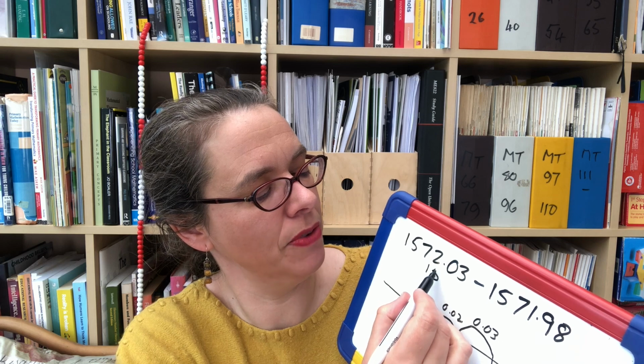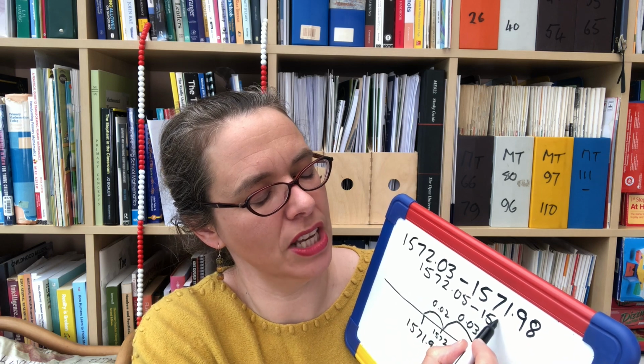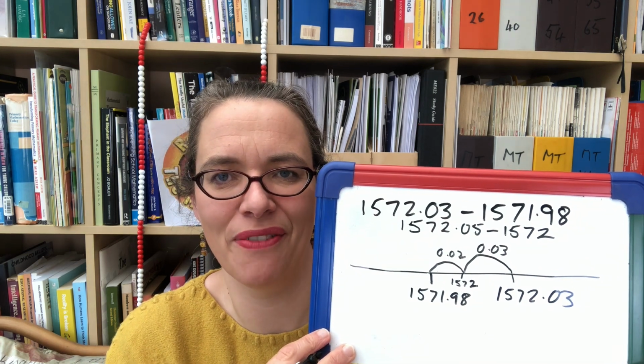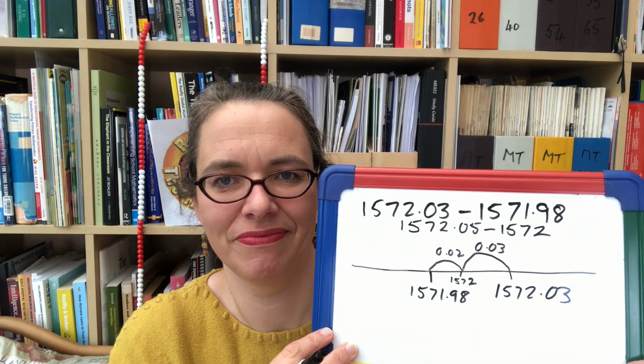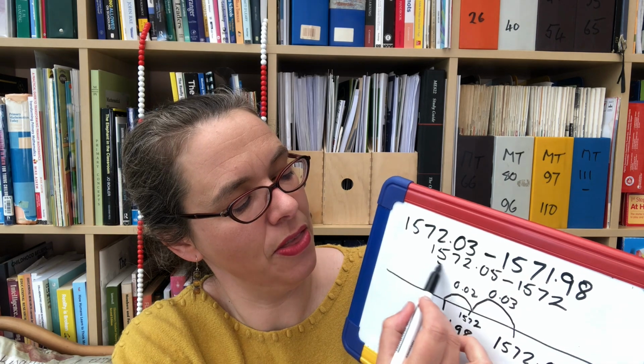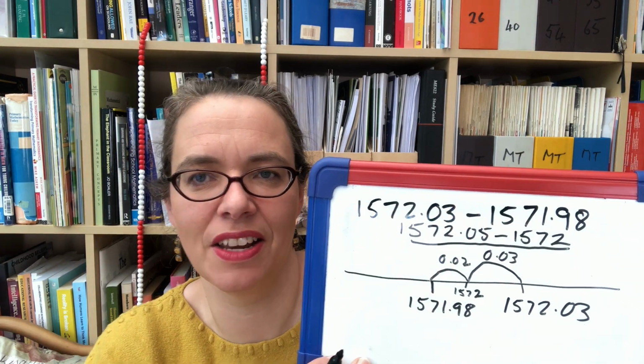So if you do that, the calculation becomes 1572.05 subtract 1572. And all we've done is move the difference 0.02 that way. And now that is easy. That's clearly just 0.05.